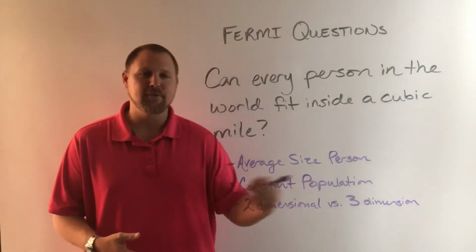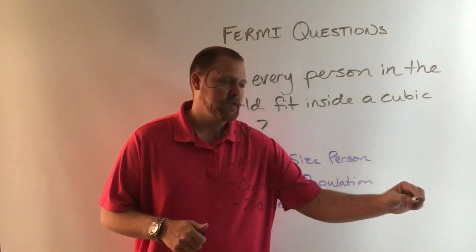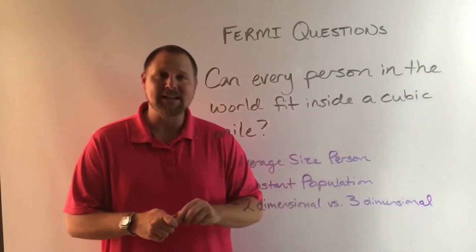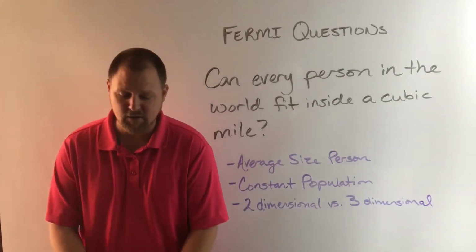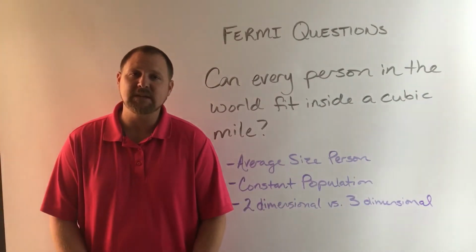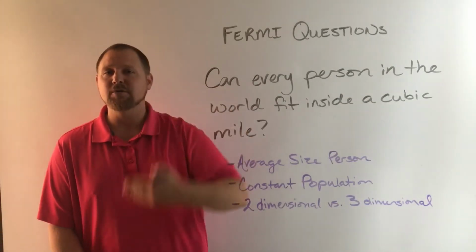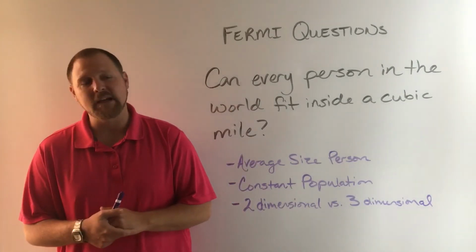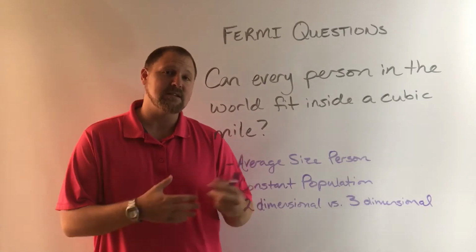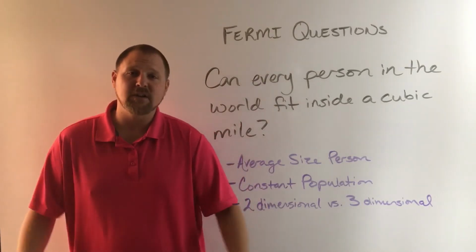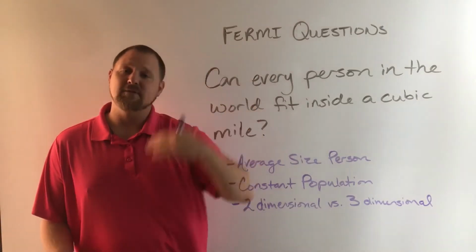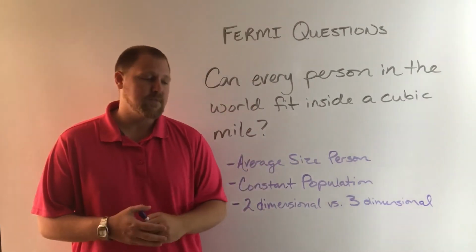If we're talking about a 3-dimensional cubic mile, then people are laying on top of each other, standing beside each other, and not only is the 2-dimensional space being taken up, but also that third dimension of height is taken up. So this average size person now doesn't only talk about average space taken up in terms of their width, but also their average height. So you take into account that third dimension.